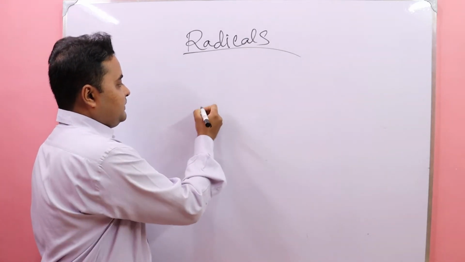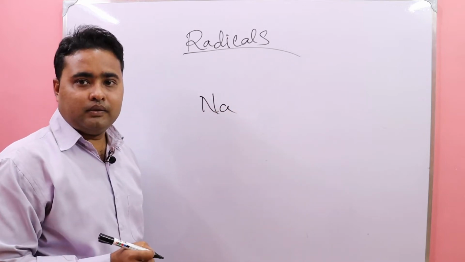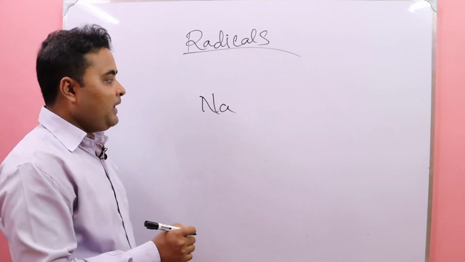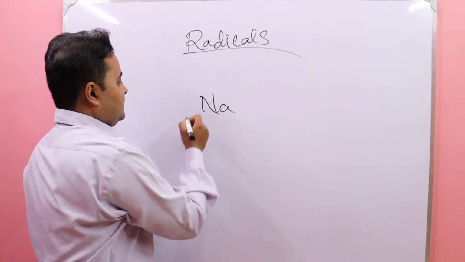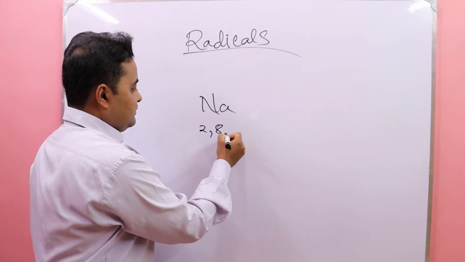When an atom, suppose we take a sodium atom, the electronic configuration is 2, 8, 1.